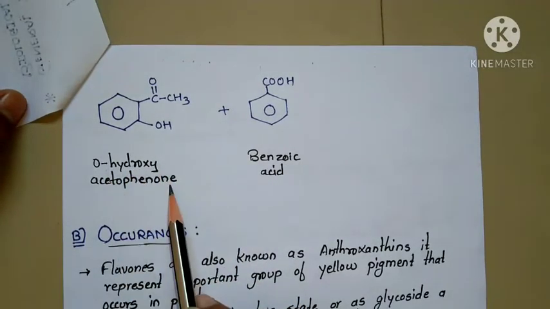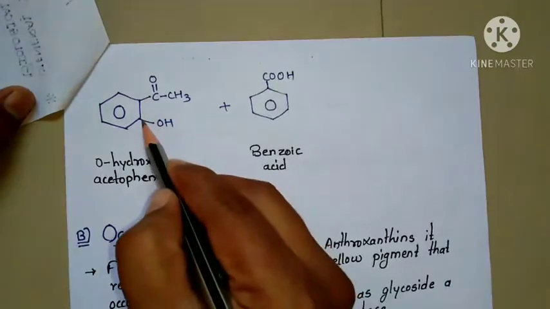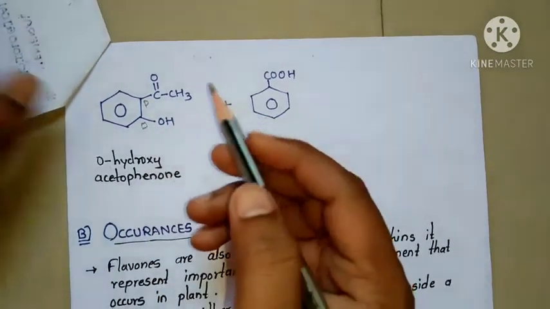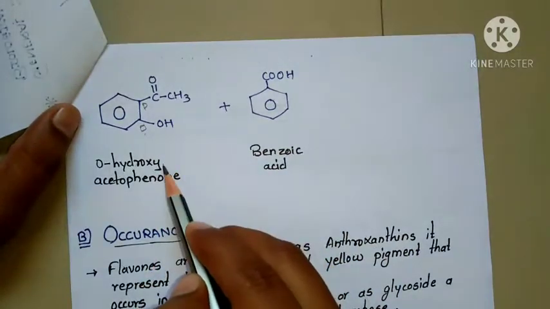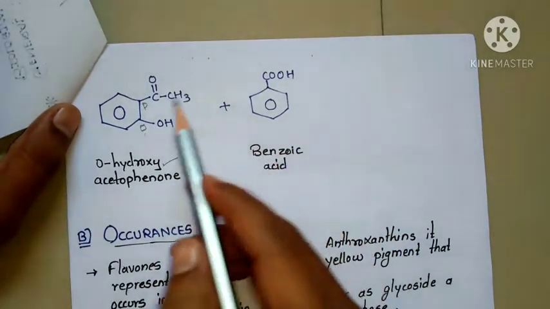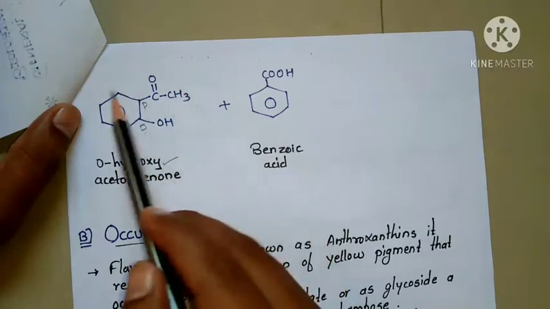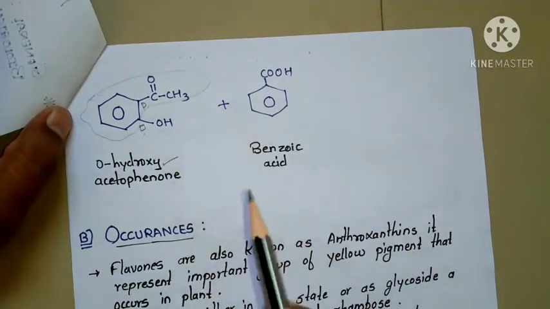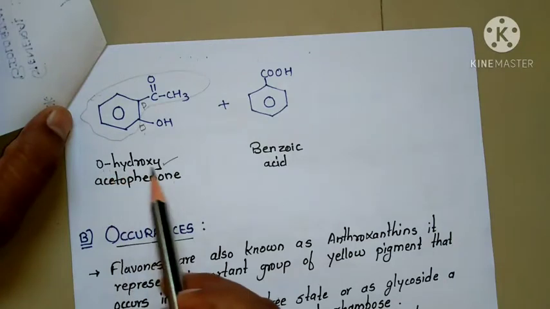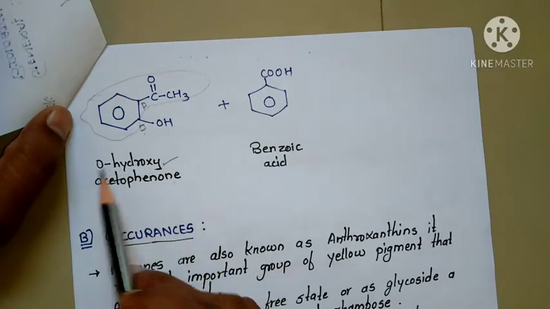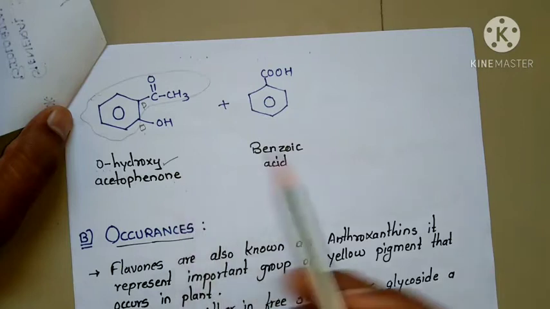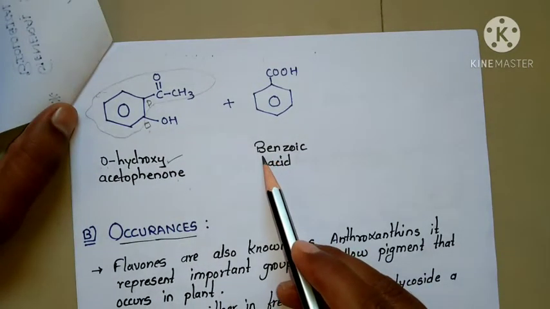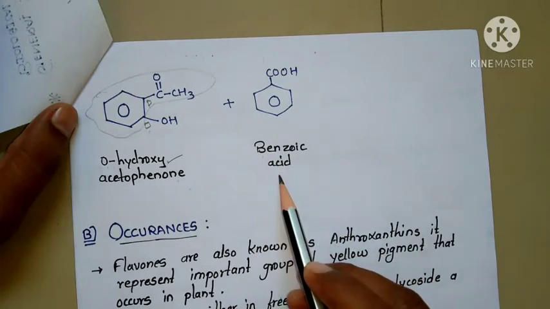And the remaining 2 compounds: o-hydroxyacetophenone. That means this is the para position and this is the ortho position, so the ortho position has a hydroxy group and the main molecule is acetophenone. So the third compound is o-hydroxyacetophenone, that means ortho-hydroxyacetophenone. Then next is benzoic acid.